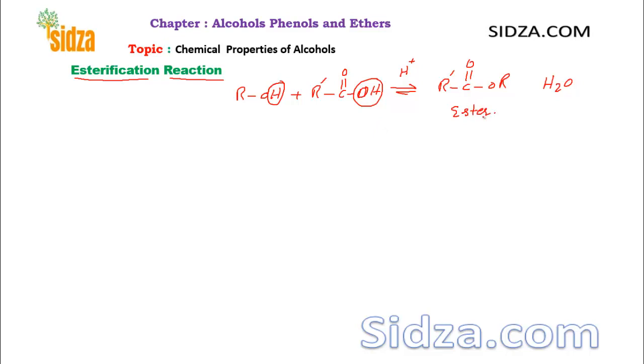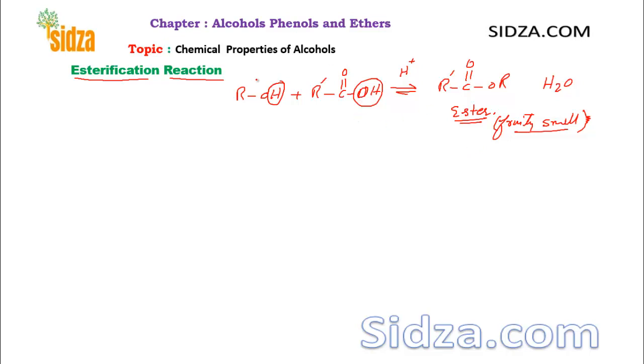This is an ester, and the formation of the ester can be identified with the fruity smell, right? So when you carry out this reaction in a beaker, in a vessel, what do you find? If you find some fruity smell after some time, it means that ester formation has started.